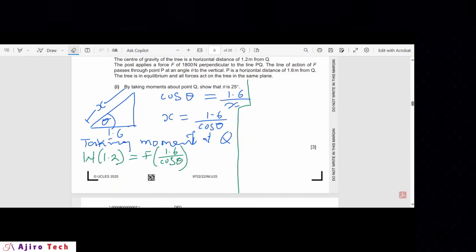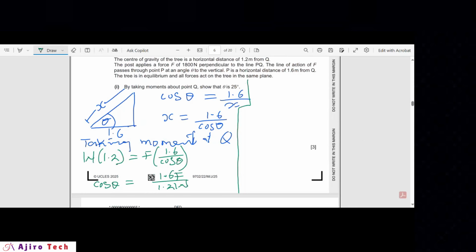Cross multiplying, W times 1.2 equals F times 1.6 over cos theta, so cos theta will give me 1.6 F divided by 1.2 W. Yeah, I think that's correct for making cos theta the subject.